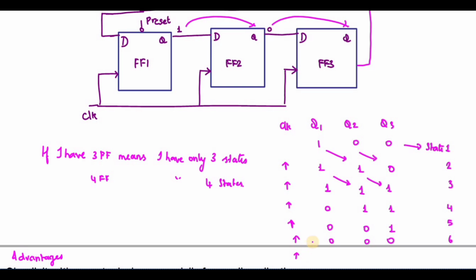If I again give a clock, it becomes 1, 0, 0. So it is getting repeated. If I have 3 flip-flops, I have 6 states, double that of the ring counter.